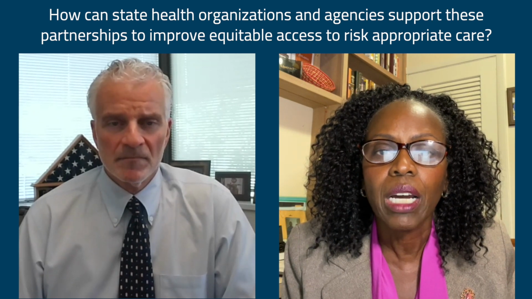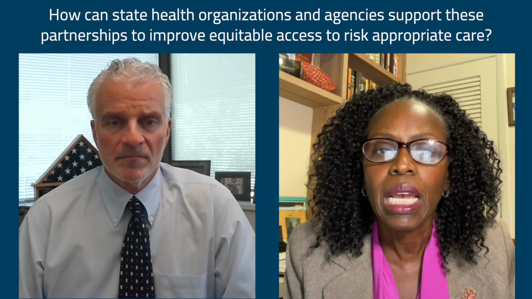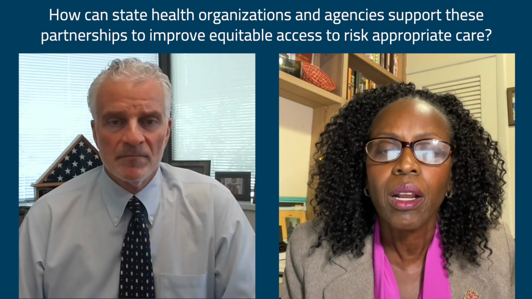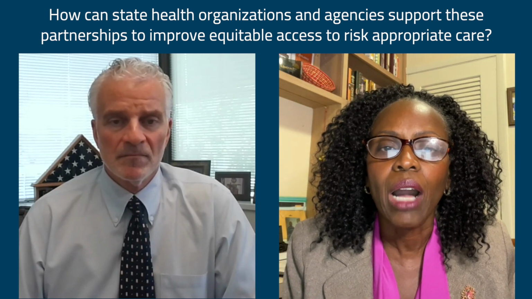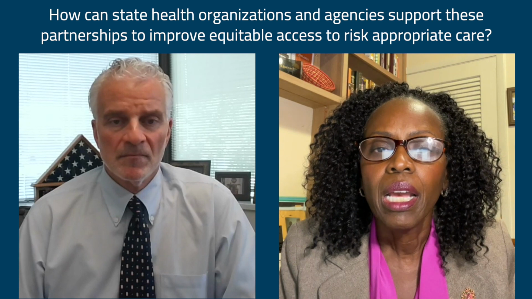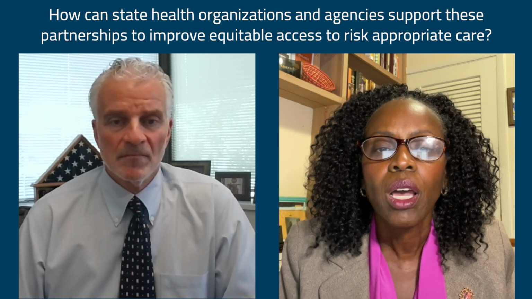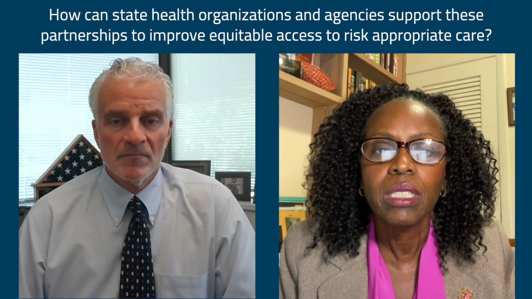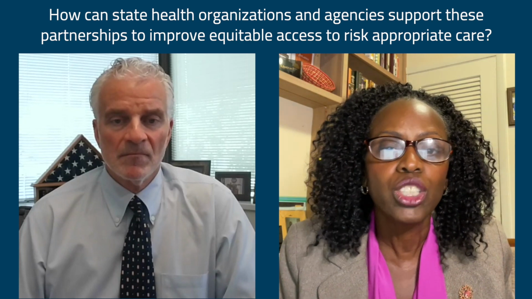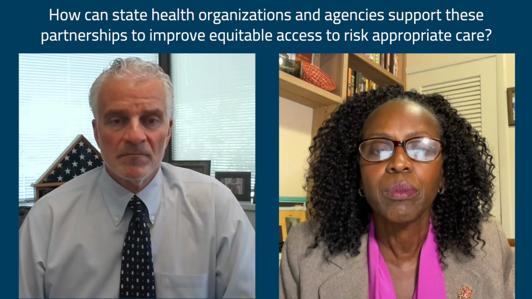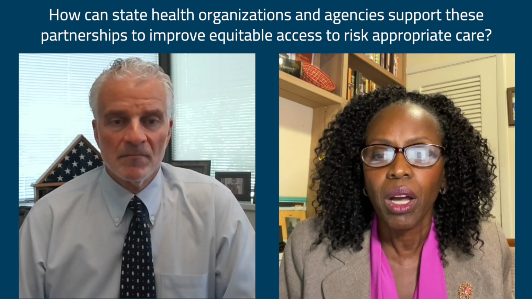And state health officials play such a critical role, not only in trying to help support the whole system of care, but also thinking about the data that may inform where outcomes may be disparate. And so in collaboration with state health officials, there really has been the opportunity to improve our understanding of risk-appropriate care as jurisdictions look at their landscape of care to make sure that babies and moms are getting the best care that's possible.